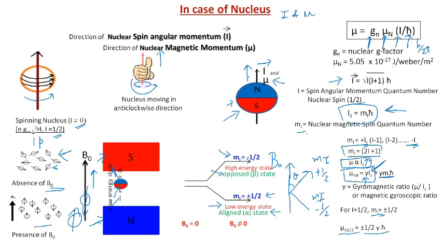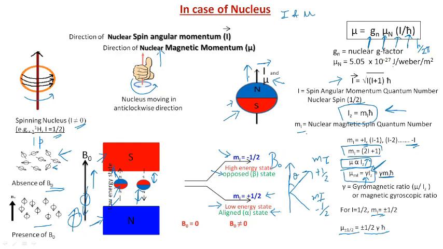Similarly, for those nuclei which align themselves in the opposite direction to the applied magnetic field, the north pole of the dipole is toward the north pole of the external magnetic field, and the south pole of this dipole is towards the south pole of the external magnetic field.